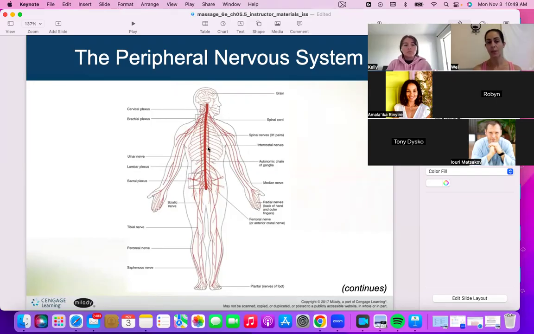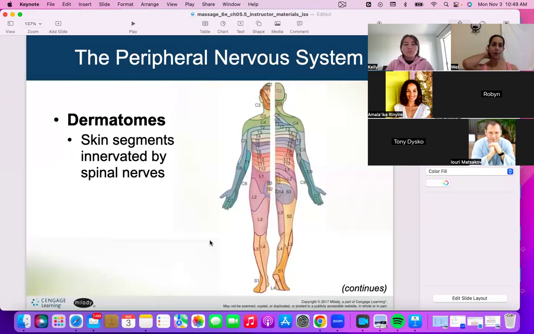So the 12 peripheral nerves of the ribs connect to the ribs. And we have 31 pairs of spinal nerves carrying from the neck down, or shoulders down, or as you see it, from the thoracic spine down, okay?